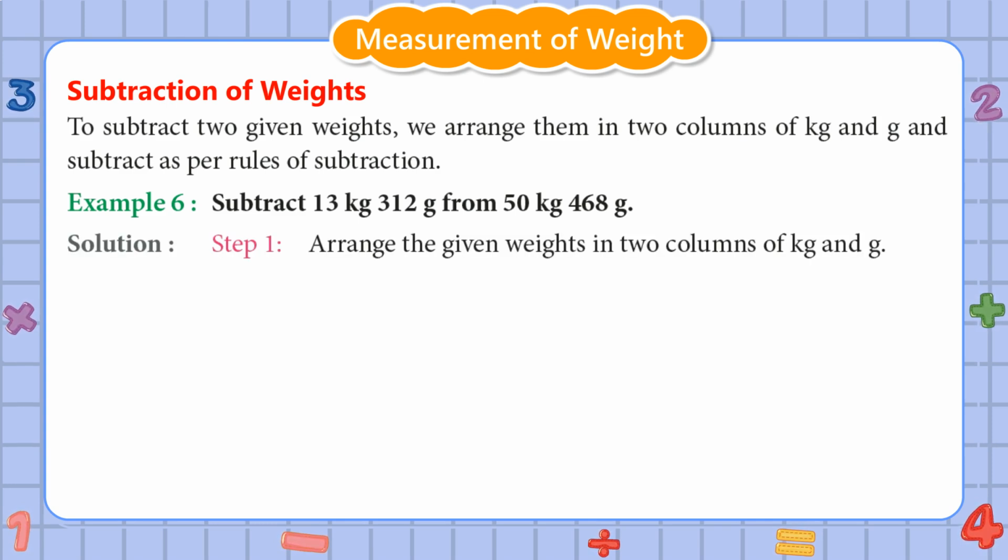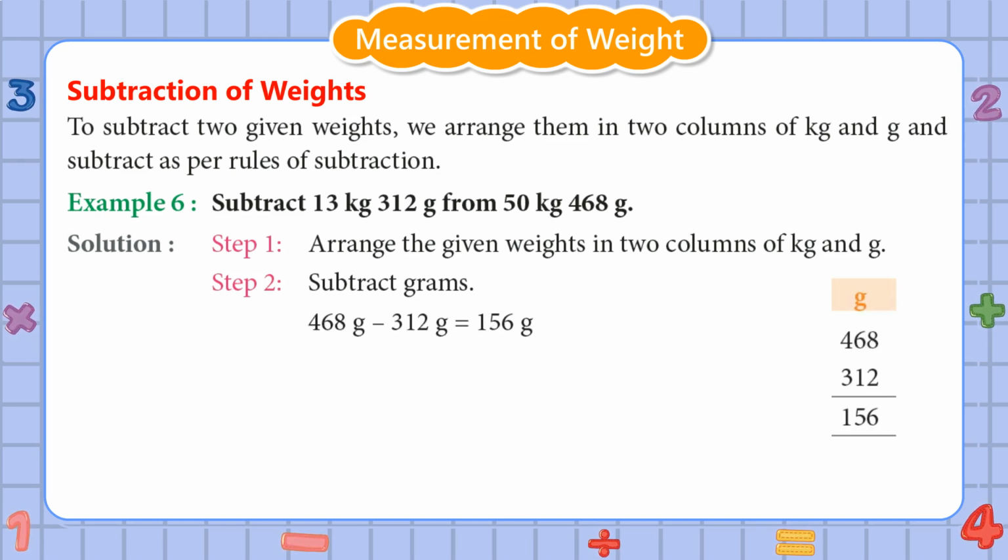Solution. Step 1. Arrange the given weights in two columns of kilogram and gram. Step 2. Subtract grams. 468 grams minus 312 grams is equal to 156 grams. Write 156 under gram column.